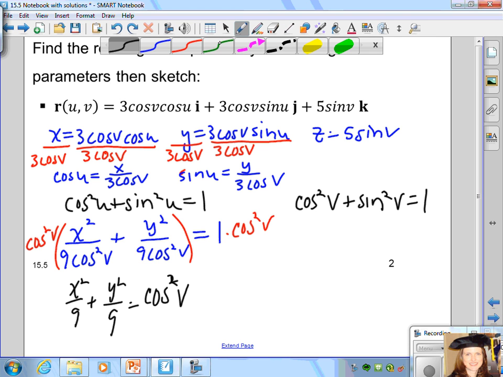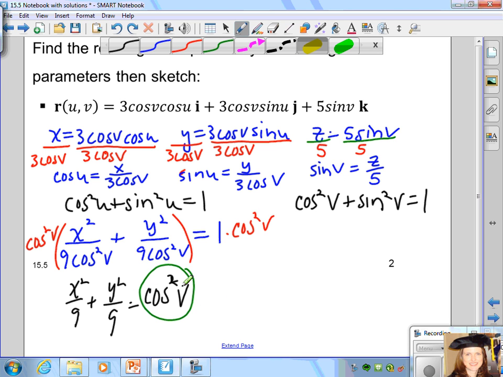Now we have already solved for the cosine squared v here, and we're going to use this equation up here to solve for sine v. We'll do that by dividing both sides by 5, and that's going to give us sine v is equal to z divided by 5.